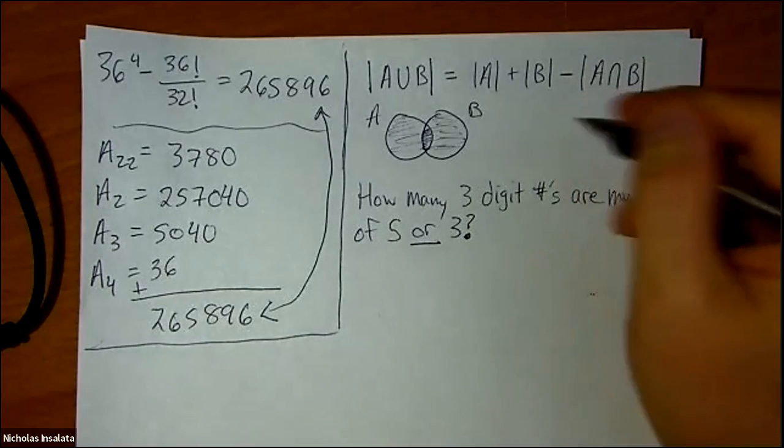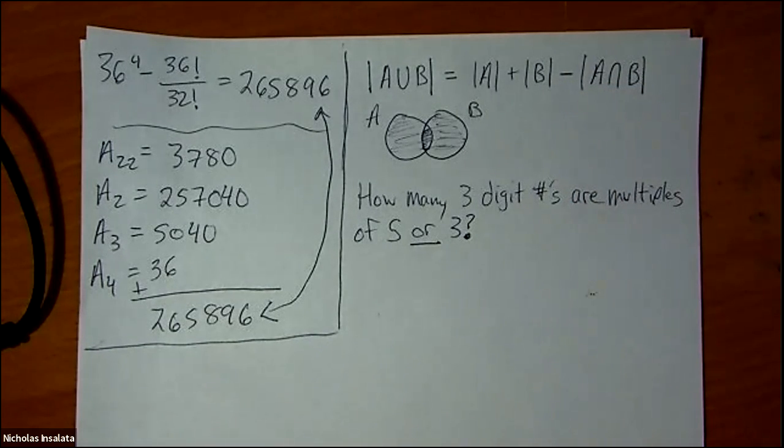Okay, so there we go. How many divisible by 5, add how many divisible by 3, and subtract divisible by 15.